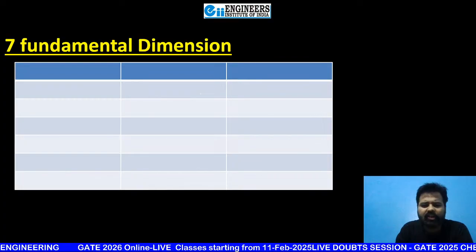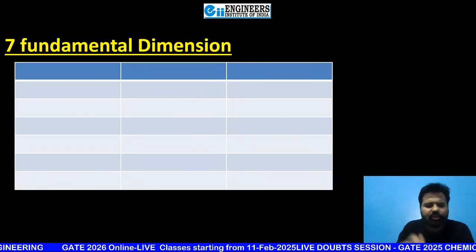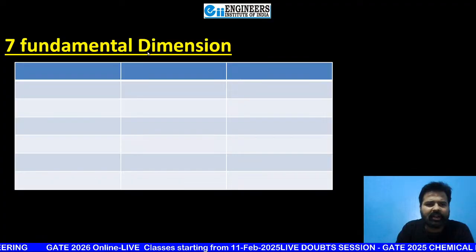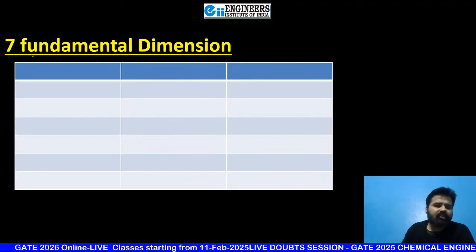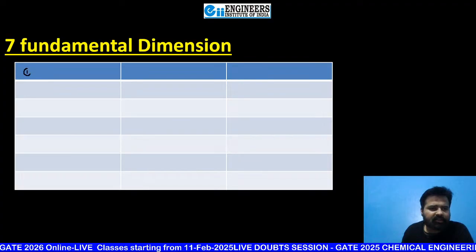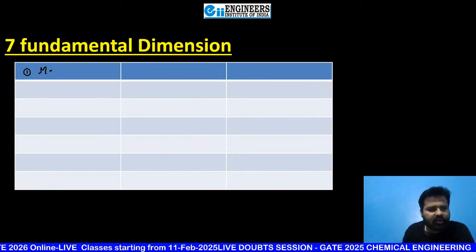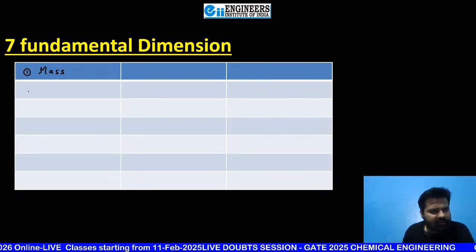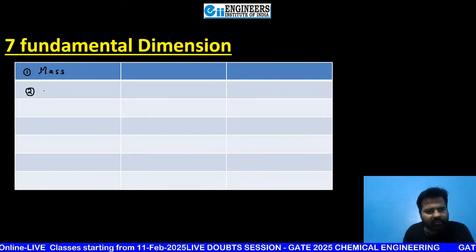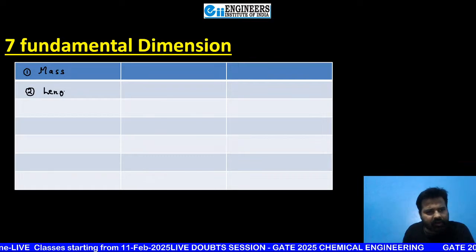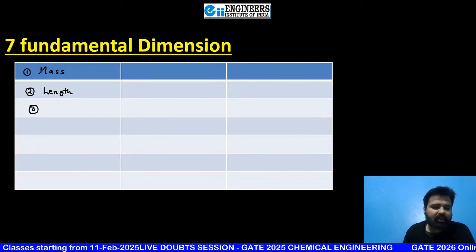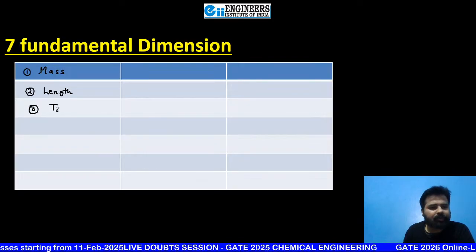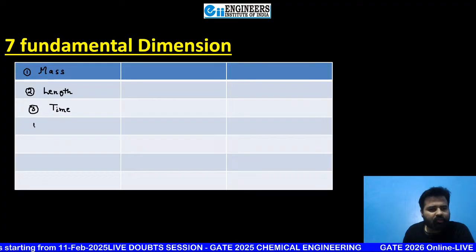But if you want to write right now, let's write this first. Please write fundamental dimensions first. The first one is mass. The second one is length. And please write, everyone, beta, the third one is time. The fourth one is temperature.